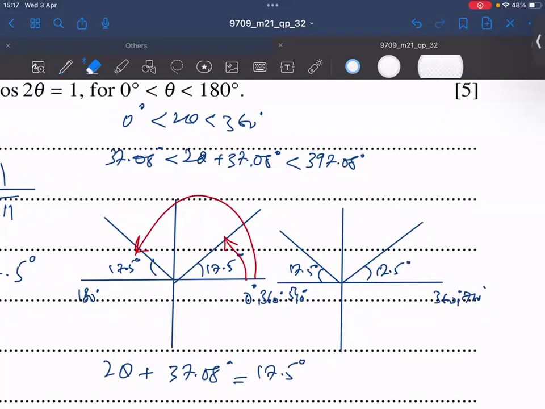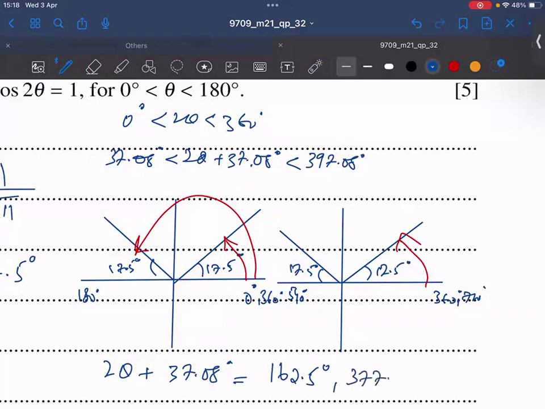I'm not going to include the first one because it lies outside the domain. In the second cycle, 360 plus 17.5 is 377.5, and 540 minus 17.5 also lies outside the domain, so I'm not including these.